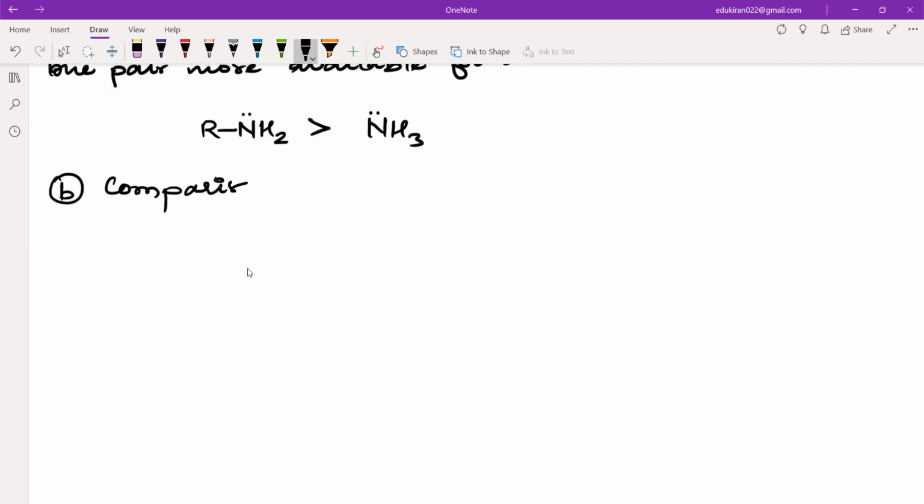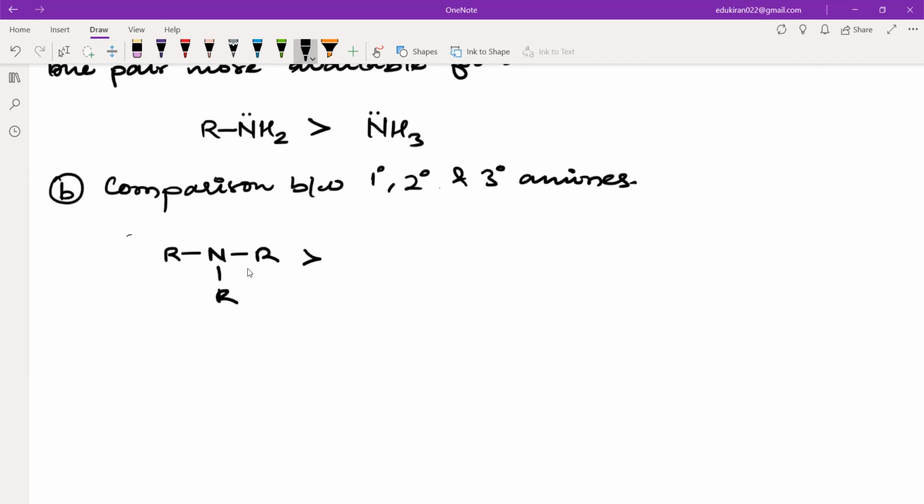Comparison between 1 degree, 2 degree, and 3 degree amines. Okay, so R nitrogen R and R will have higher basic strength than R nitrogen bonded with hydrogen and one more R group, and if you have R nitrogen and 2 hydrogens, why?